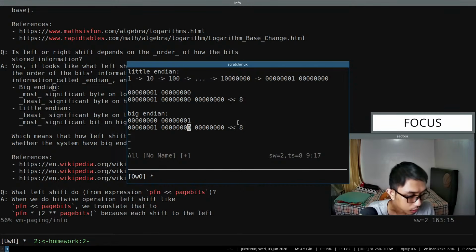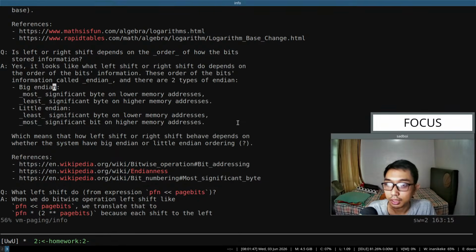So the operation is still the same, regardless of the endian order, the left shift will still multiply by 2. But when we want to store the result in the memory, that's when the endianness matters. Something like that.